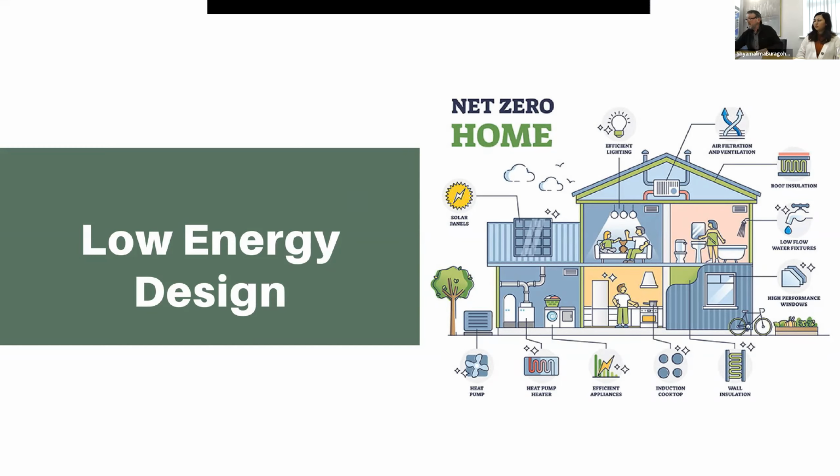So the first element is low energy design, and energy is required, as I say, for space heating and cooling, primarily in Ireland, space heating, but office use would have a high cooling load. Obviously, different parts of a building require different levels of heating at different times.